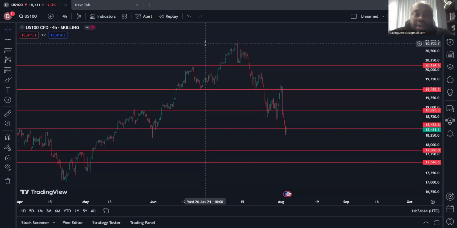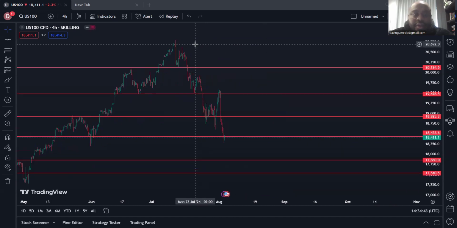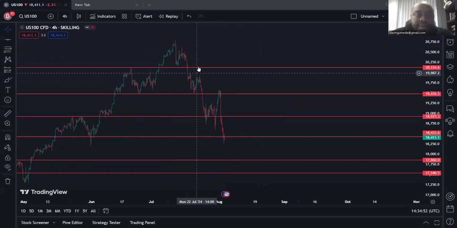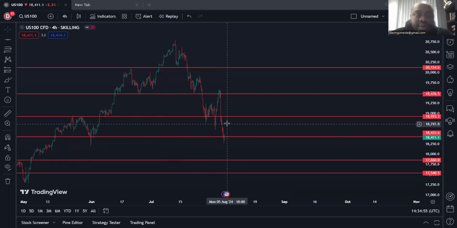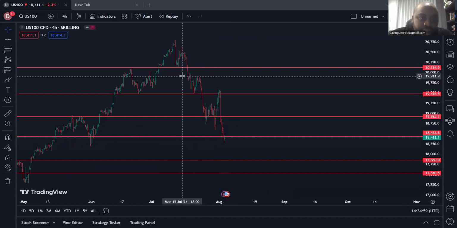Looking at the past few weeks, we've been seeing a lot of bearish momentum moving through the markets. I can see that there is a level around here.